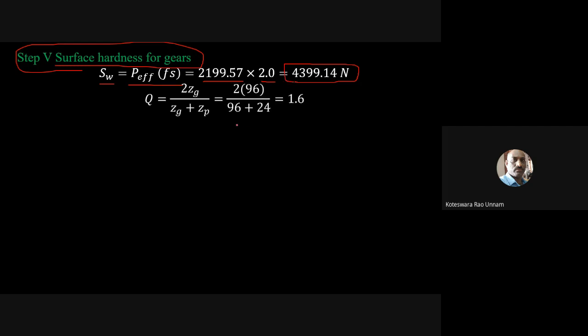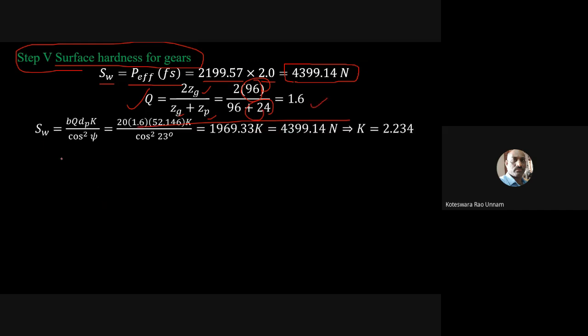Then this is the formula for the ratio factor Q, 2 Zg by Zg plus Zp. Number of teeth on gear is 96 and on pinion it is 24. So Q comes out as 1.6.